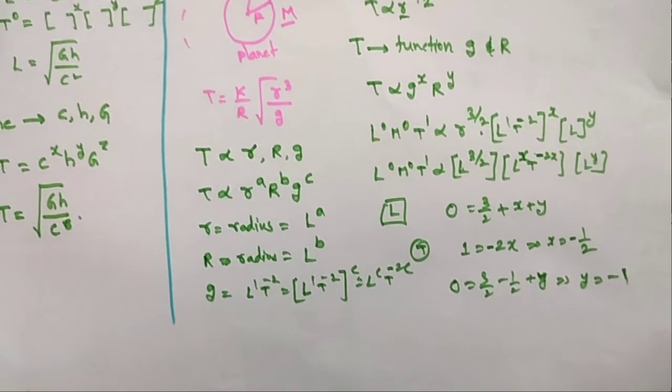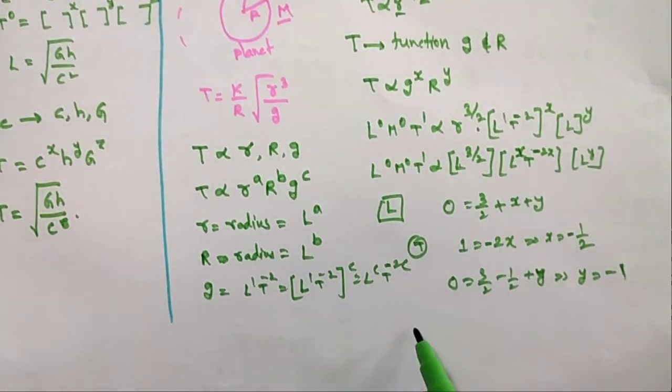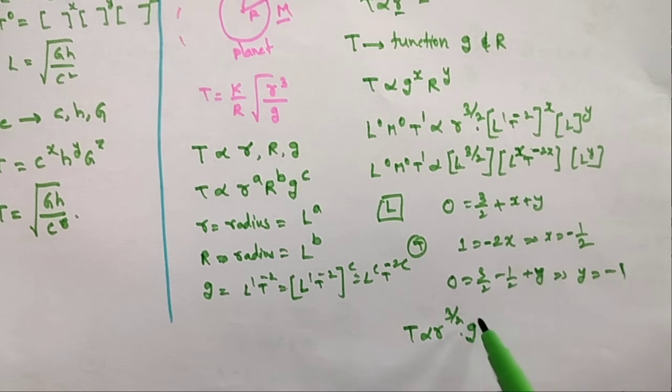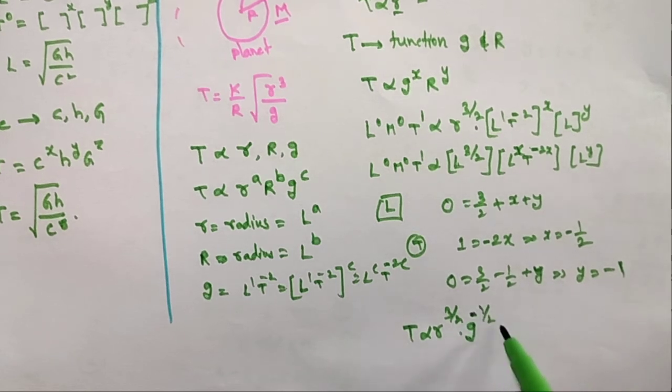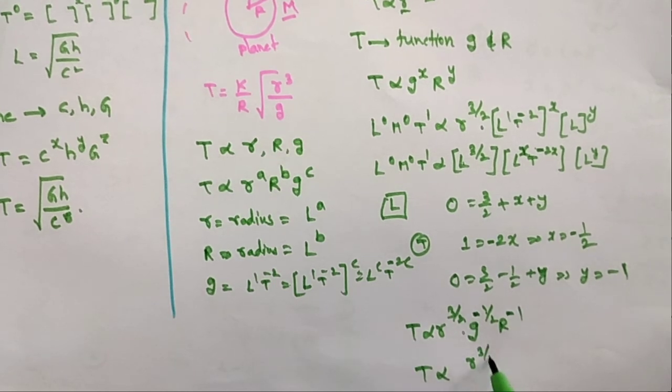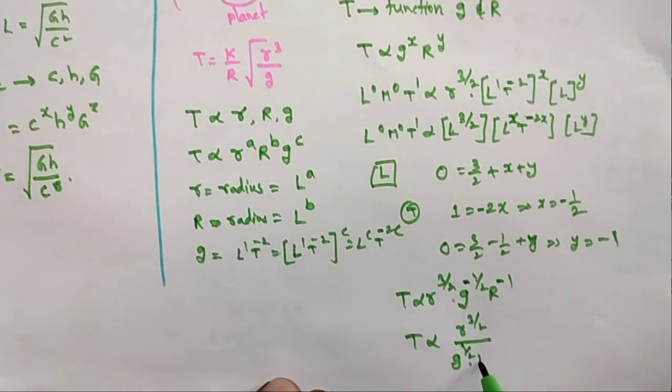Okay, so substitute the x and y values. So T is proportional to r power 3 by 2 and g power x, what is x? Minus 1 by 2, and r power minus 1. So T is proportional to r power 3 by 2 by g power 1 by 2 into r.